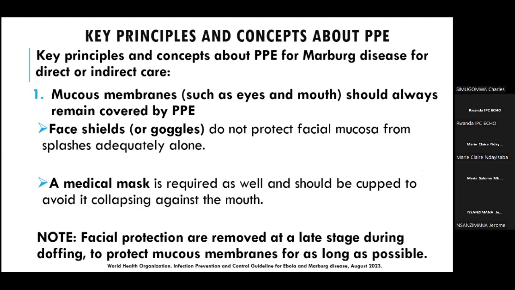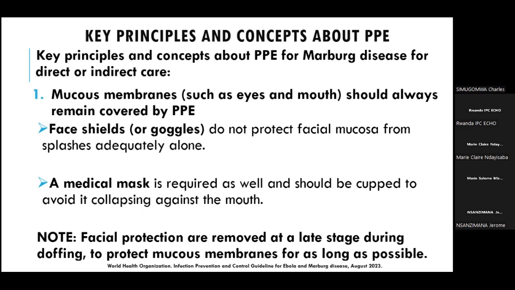So why do we need to use the PPEs? It's because mucous membranes are very thin and they can easily allow the virus to be transmitted. Therefore, they must be protected, specifically by wearing a face shield or goggles to protect the eyes, and you must put on a medical mask or N95 mask for the mouth.